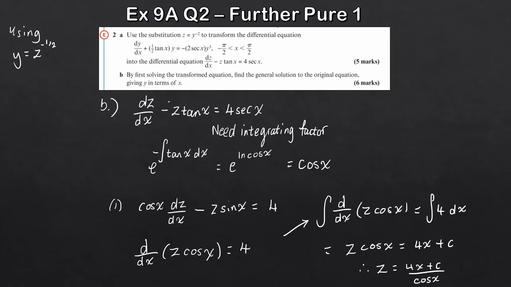Like it says here, we want to give y in terms of x, so the final solution needs to be y equals. What's that going to be? It's y equals this expression to the minus a half, because that's what we know the substitution is: y equals z to the minus a half.